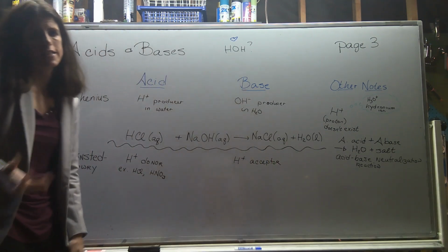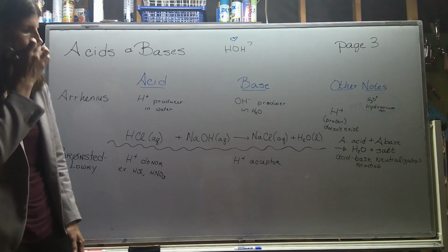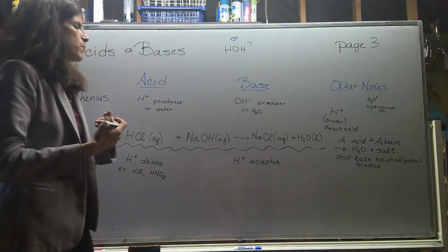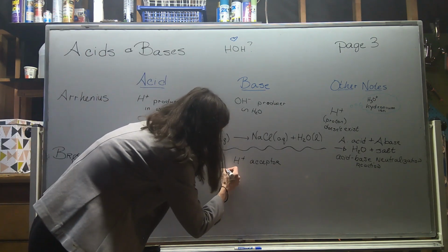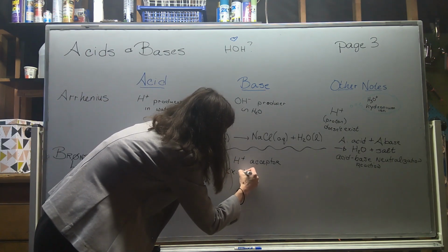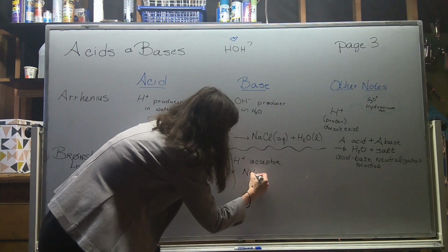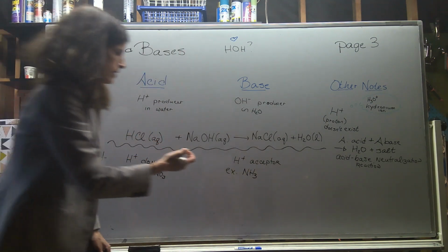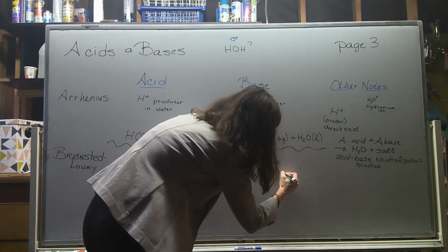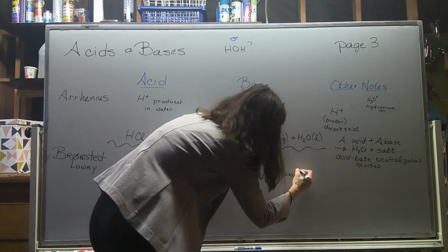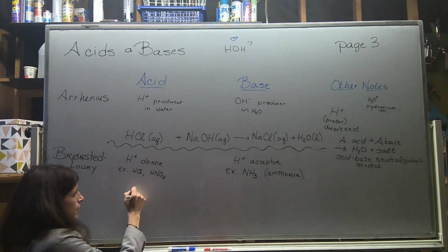There's so many examples out there. For my CHEM100 students, I primarily want you to be aware of the fact that ammonia, NH3, is a Bronsted-Lowry base. And let's look at why. Here we have hydrochloric acid.